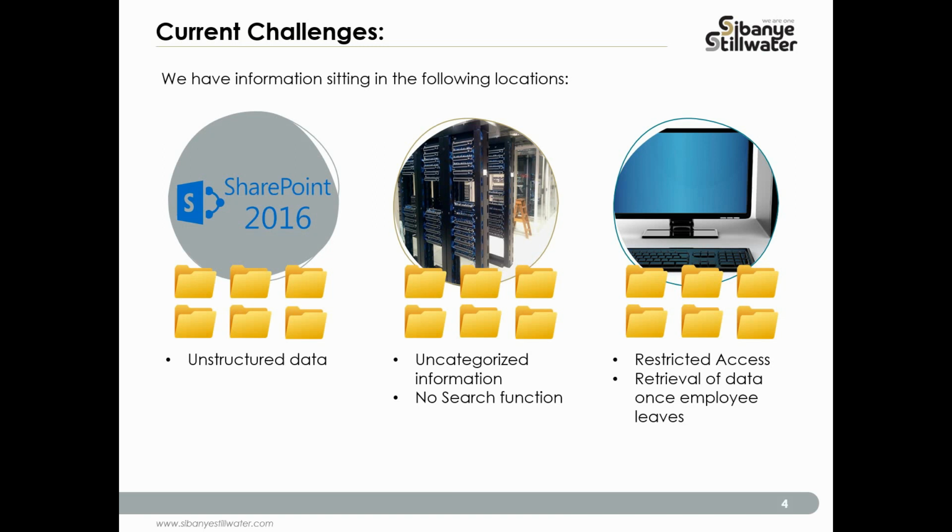Content is uncategorized to a large extent, which means it's difficult to search on. It's difficult to find something once it is in that structure. And those deep folder structures tend to become a bit of a black hole. So you can upload content just fine, but finding content again becomes very difficult.